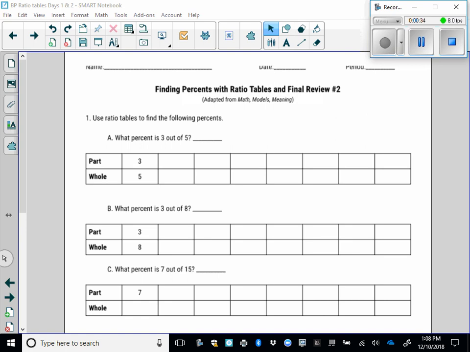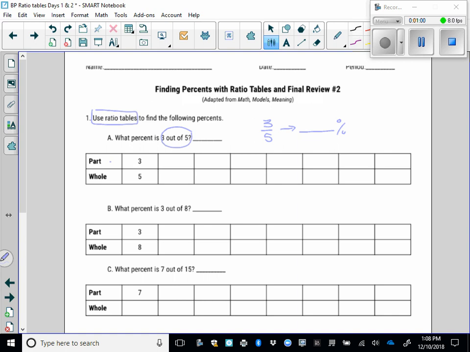When we read the directions, it says to use ratio tables, so that's our action, to find the following percent. So we want to figure out what percent 3 out of 5 is. So the ratio 3 out of 5 can be written as a percent.